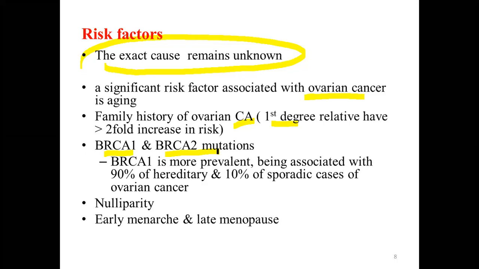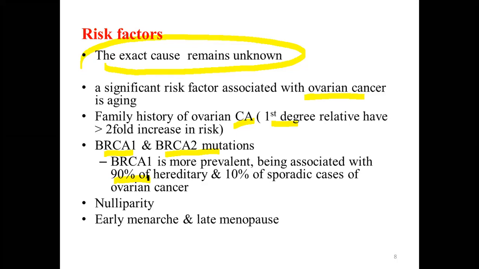BRCA1 mutation is more prevalent and is associated with 90% of hereditary ovarian cancer. So when a woman has this mutation, there is high risk of ovarian cancer too, apart from breast cancer.